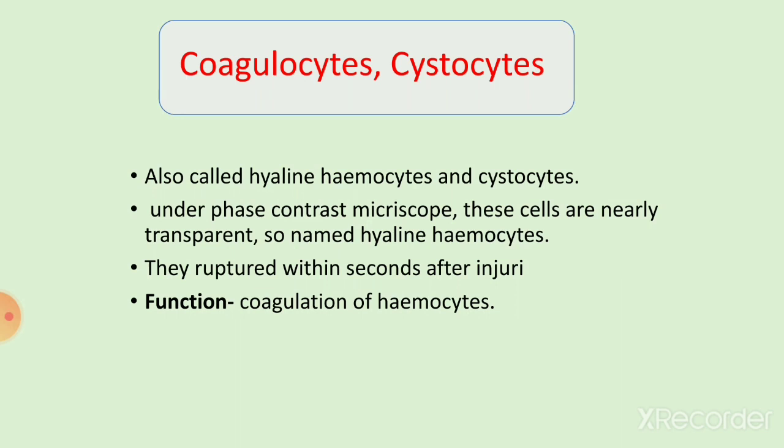Then the next is coagulocytes or crystallocytes. These are mainly found in Lepidoptera, Orthoptera and Coleoptera. These cells have also been called hyaline hemocytes and cryptocytes.